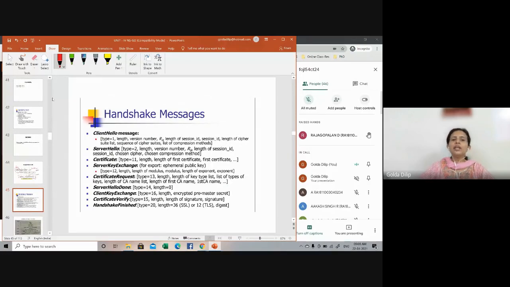Handshake means definitely it will be a part of your SSL handshake protocol. So this handshake protocol will allow the server and the client to authenticate each other, then negotiate the encryption and the MAC algorithms, and the same way negotiate the cryptographic keys, whatever has to be used.